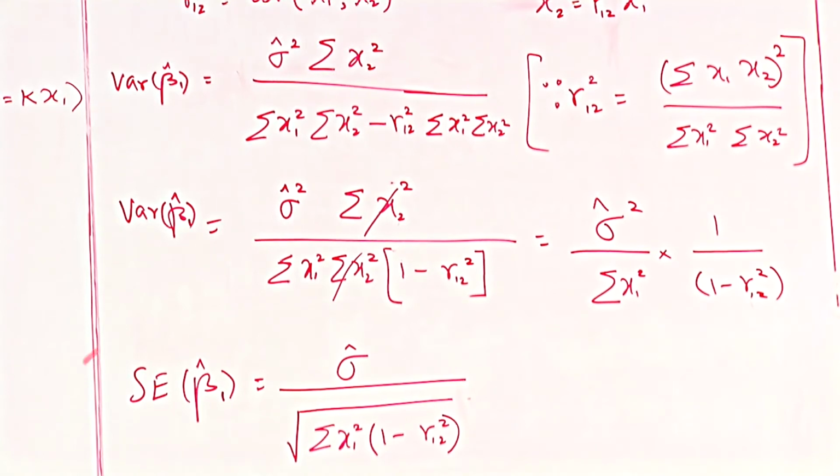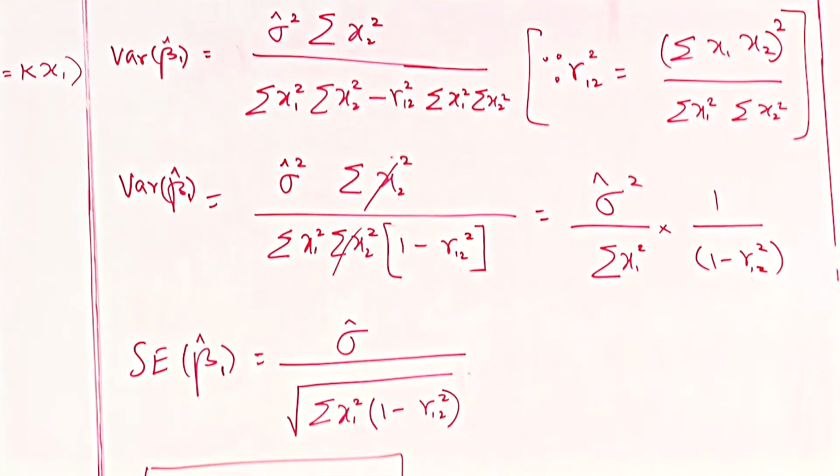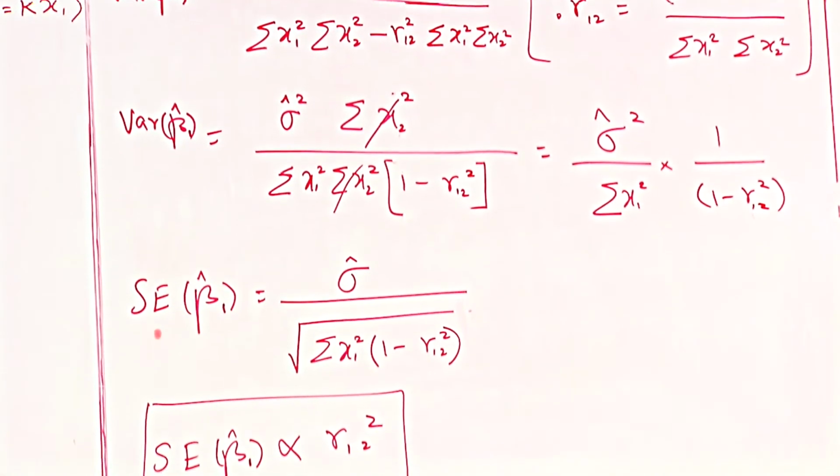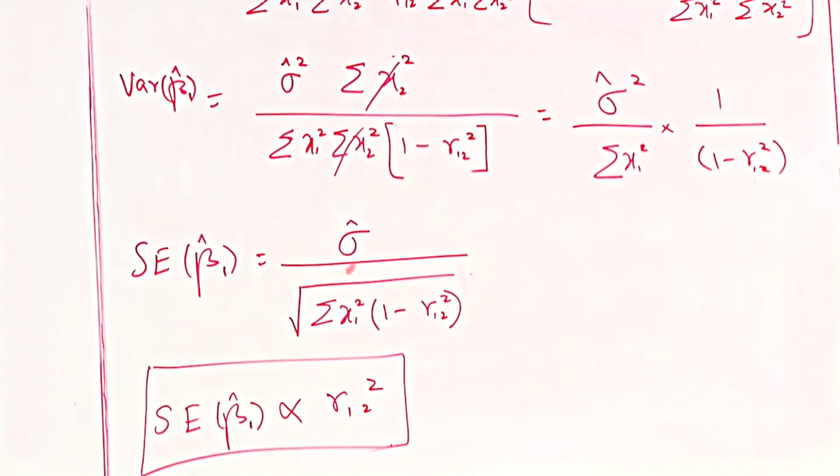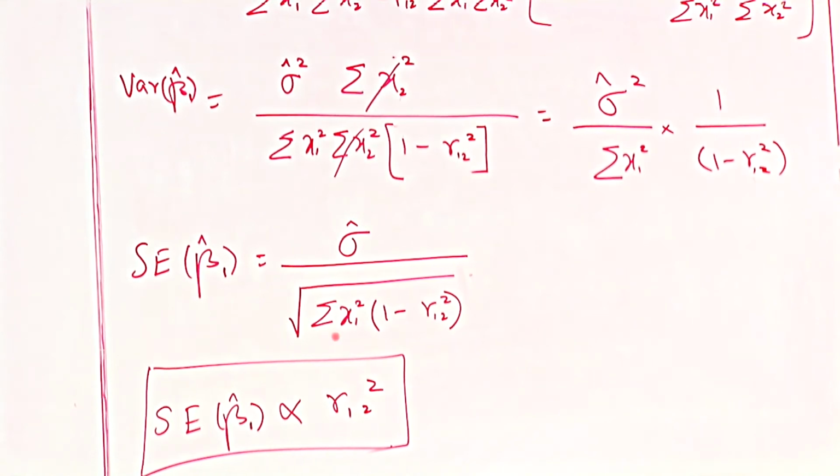This is the variance of beta 1 hat, and we may write the standard error as well: the standard error of beta 1 hat is sigma hat divided by sigma x1 square times the square root of 1 by (1 minus r12 square).